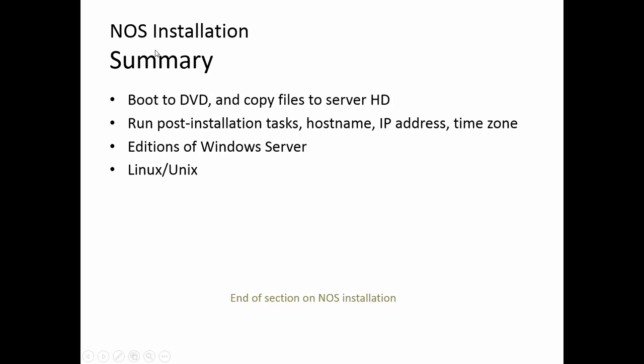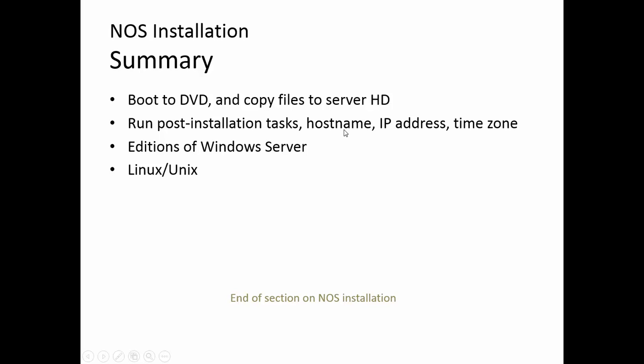In summary, in this section we talked about network operating system installation, and before we install the operating system, we make sure that the server has enough RAM, enough CPU power, and enough hard disk space. Then we boot to the DVD and we copy the files to the server hard disk.